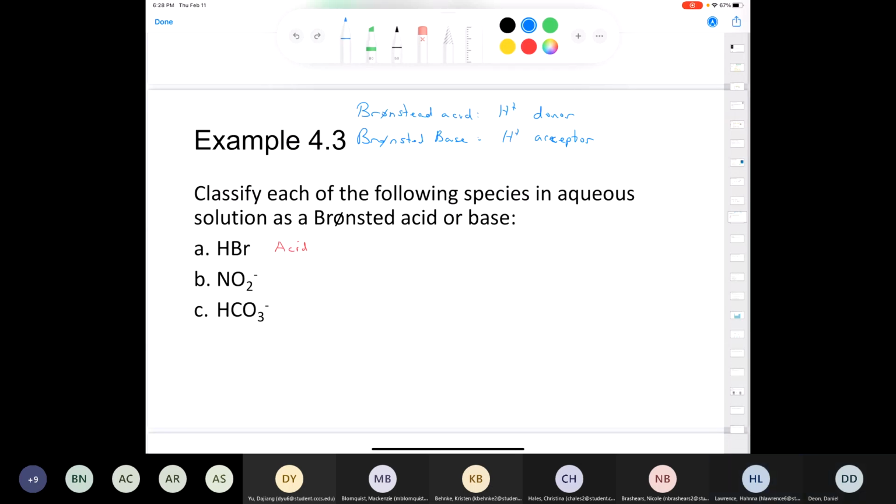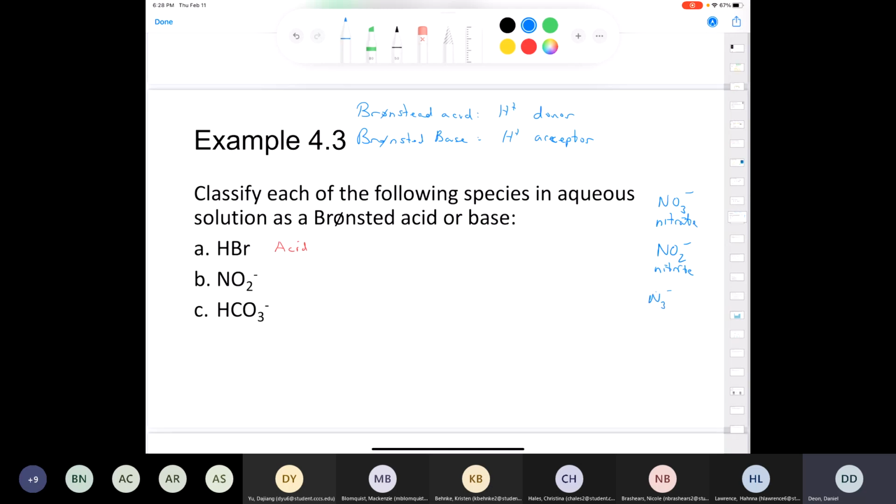No. Nitrogen dioxide would be a covalent compound. It's not nitride. If we have NO3 minus, that's nitrate. And if we lose an oxygen, this is nitrite. Okay, so this is a nitrite.